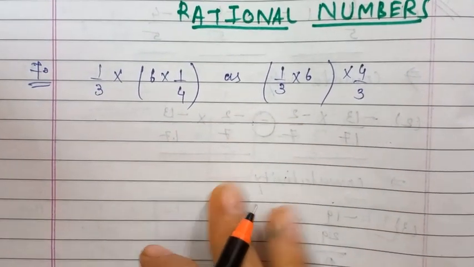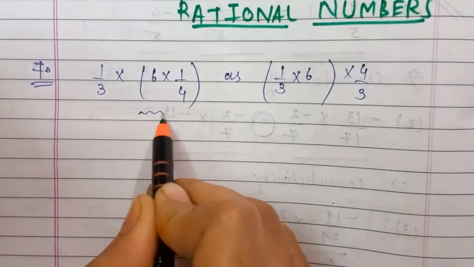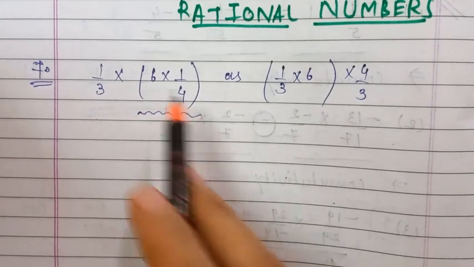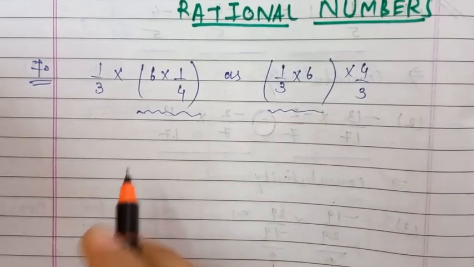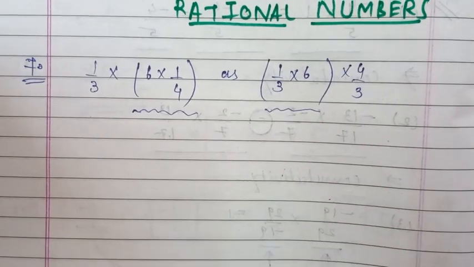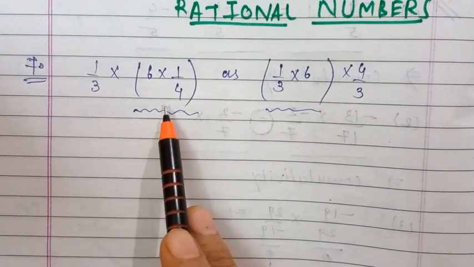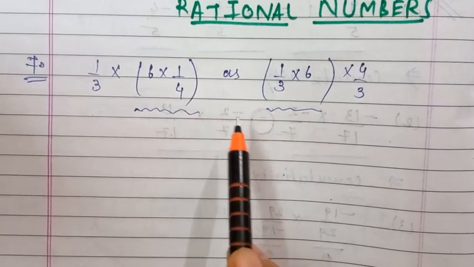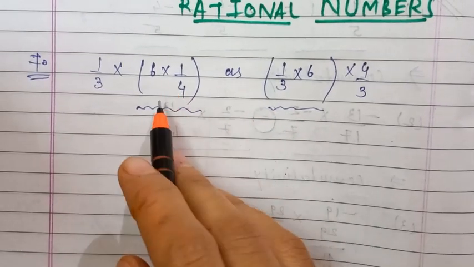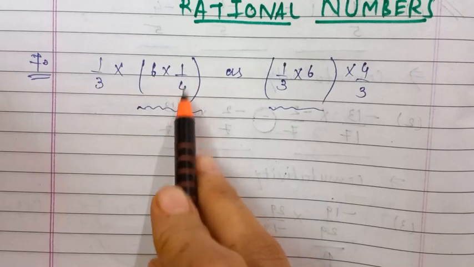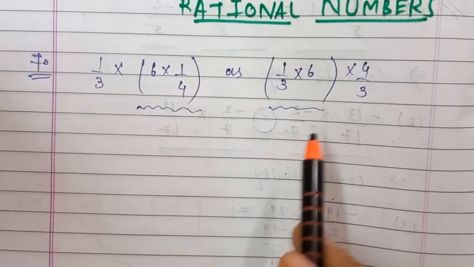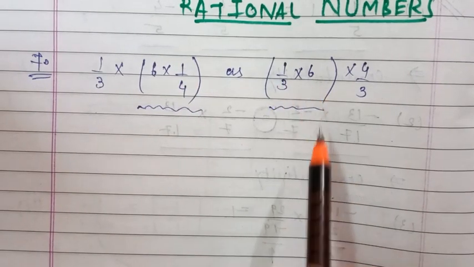See here, 2 groups, 1 and 2, and the numbers are the same. In the first group, 6 and 1 by 4 are together, and in the other, 1 by 3 and 6.